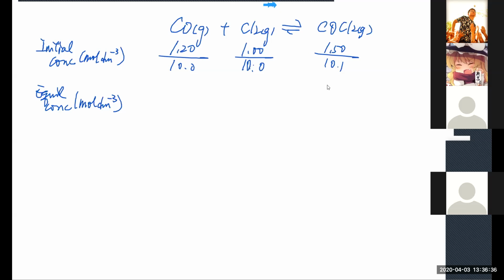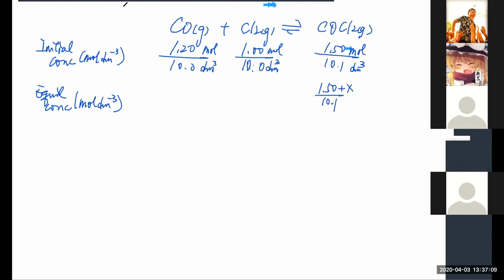Actually, all those are just mole per dm cube. Sorry, this should be cube, mole per dm cube. So at equilibrium, for this part, a net forward reaction means I add something to it. Can you get my point? I add something to it.